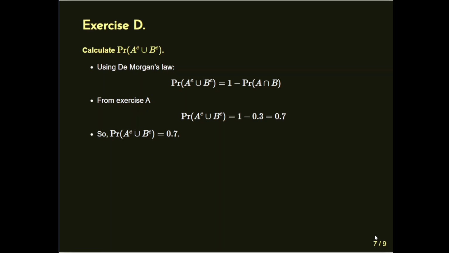The probability of the complement of A union the complement of B is calculated as follows: 1 minus the probability of A intersection B. We actually found A intersection B in part A earlier on, and the answer was 0.3. So the answer we're looking for is 1 minus 0.3, which is 0.7, and that wraps it up.